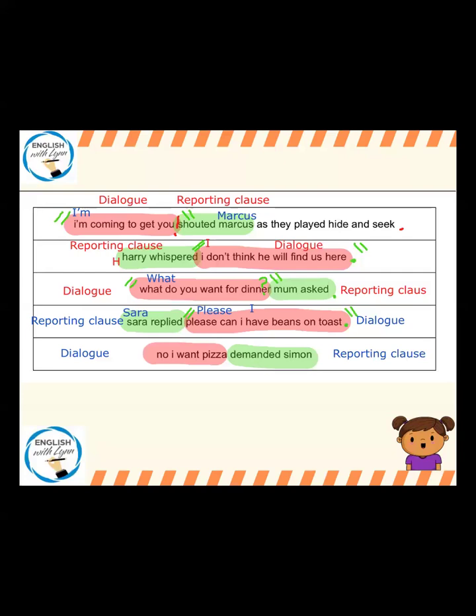Then I need to use my rules of punctuating dialogue again. So inverted commas around what is being said. So, "No, I want pizza." Then I need the capital letter rule. So a capital letter for "no". And there is another rule that we need if we are having yes or no at the beginning.